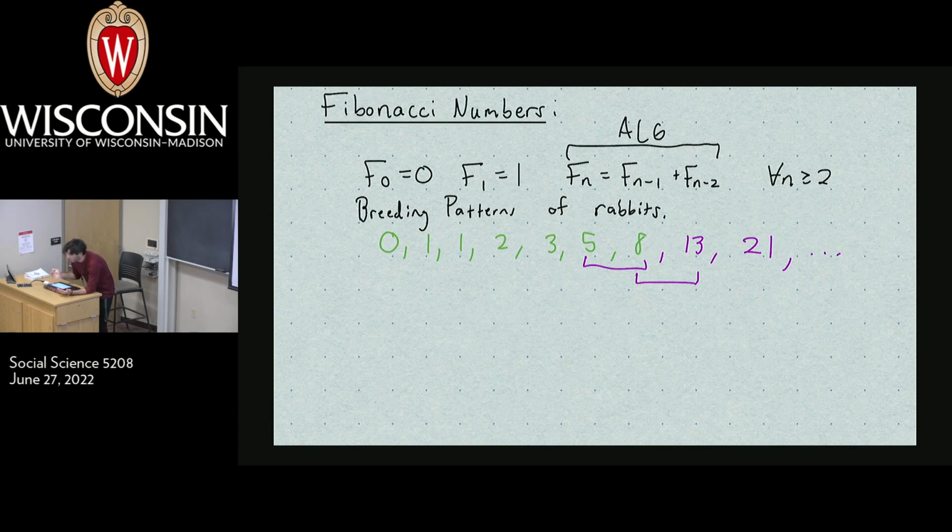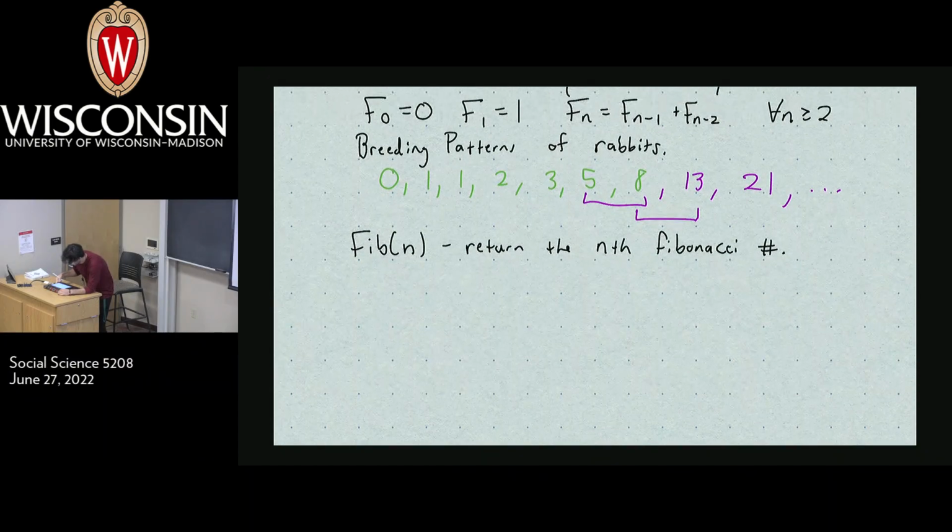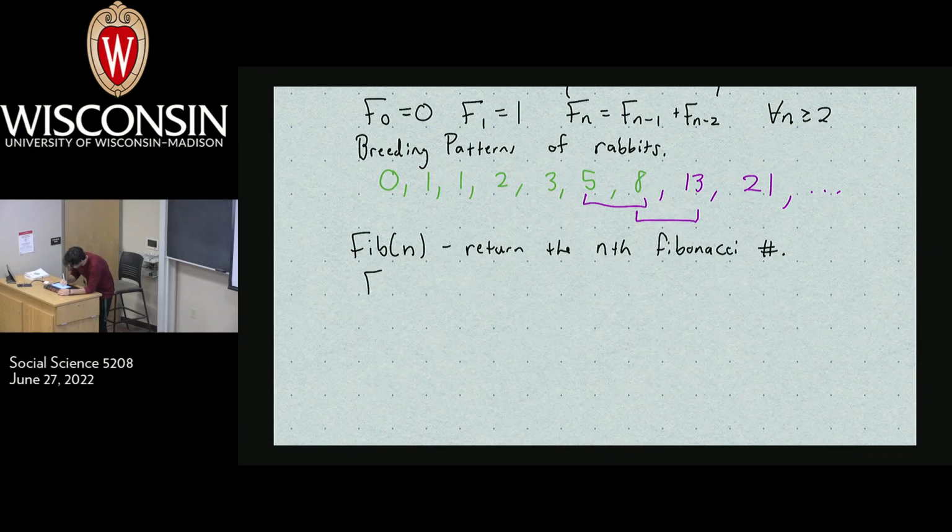So first, what's the problem we want to solve? We're going to solve fib of n. This is going to return the nth Fibonacci number. And the algorithm, you can almost read it right off of the formula. If n equals 0, return 0.